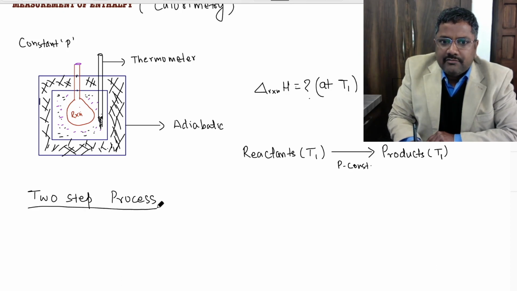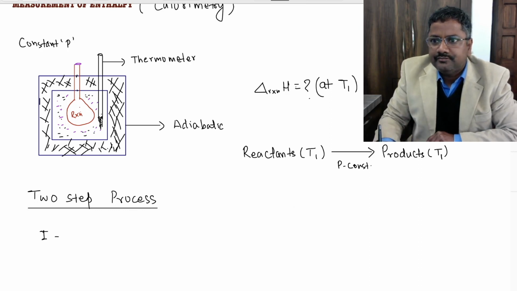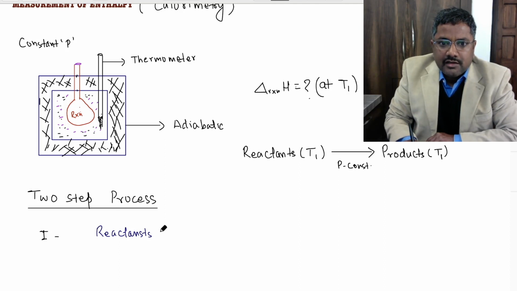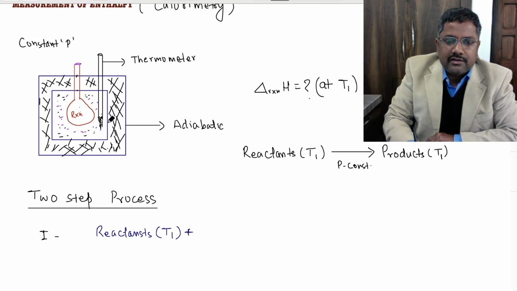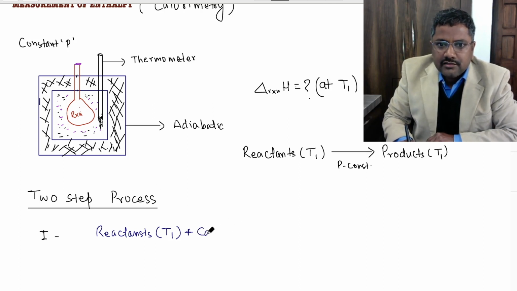First step: reactants at T1 temperature plus this calorimeter, which is also at T1 temperature.